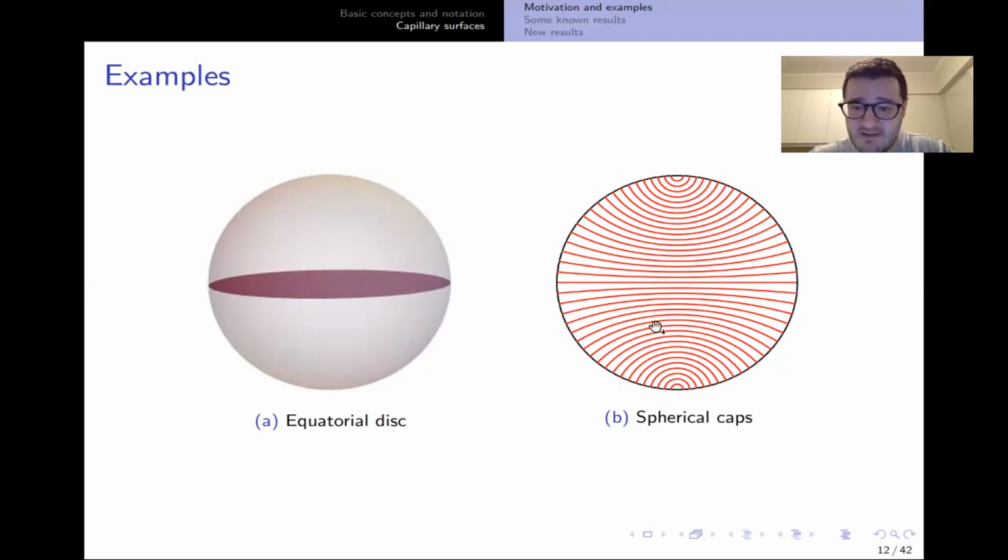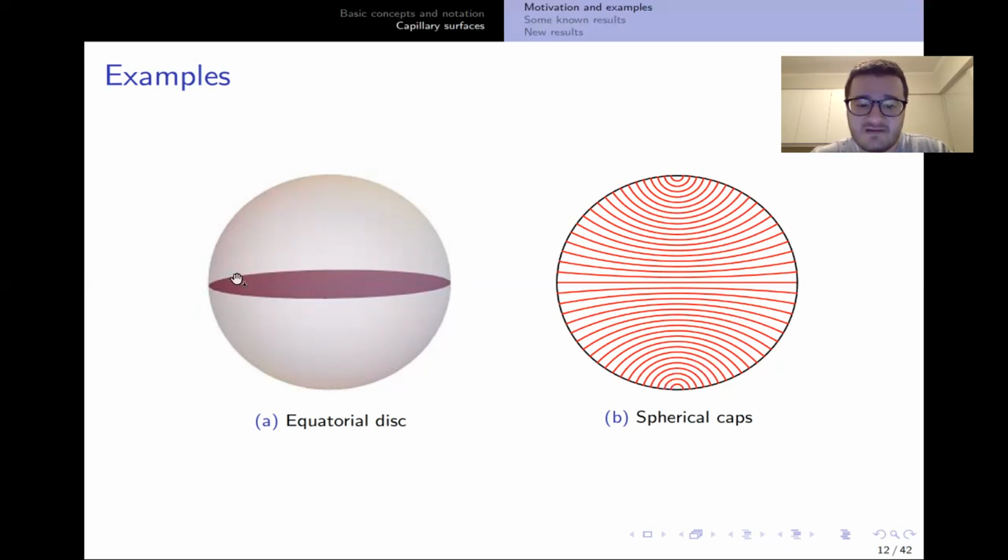And in figure B, you can see a sort of foliation of the ball by free boundary CMC surfaces, which intersect the boundary, of course, in right angles. But you can slide this picture to make an arbitrary angle between 0 and pi to happen.